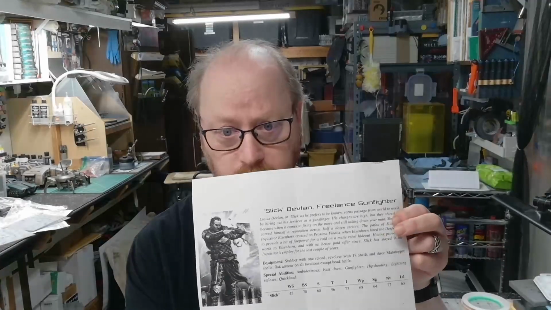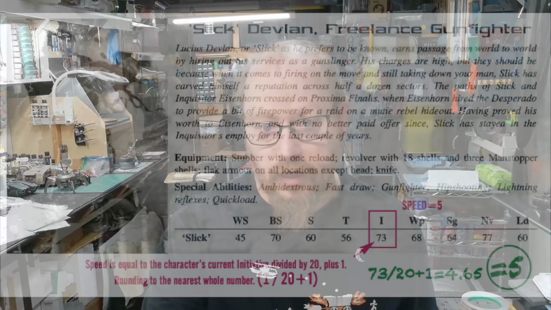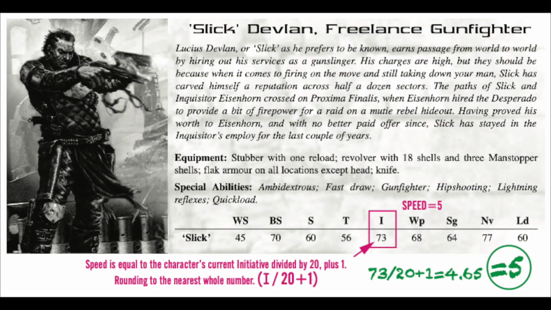So the first thing that happens is we think back to the character record sheet, and the characters act in the initiative order. And that is converted down to speed, and we had Slick's speed down as 5.